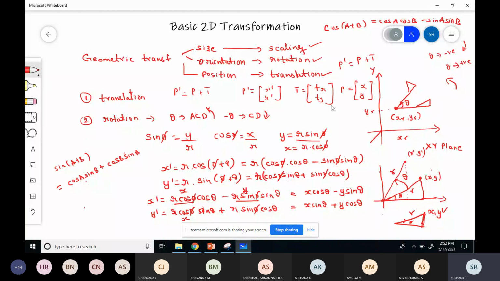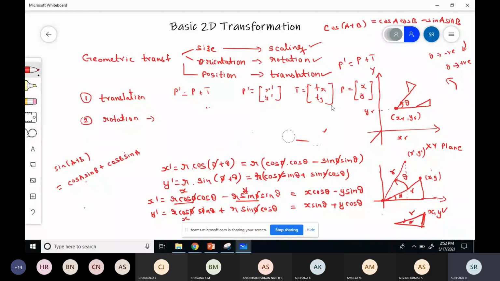So now x dash is simplified as x cos theta minus y sin theta, and y dash is represented as x sin theta plus y cos theta. So for rotation also we can simplify the equations.